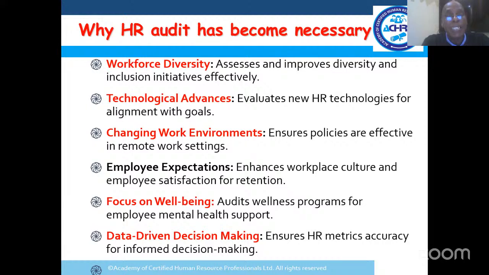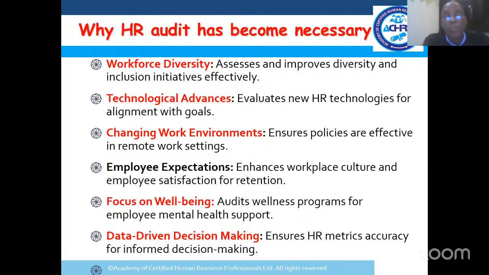The other aspect is employee expectations. Today, employees expect many things. One, more independence, freedom, and more autonomy. So our systems should respond to these expectations without hurting.